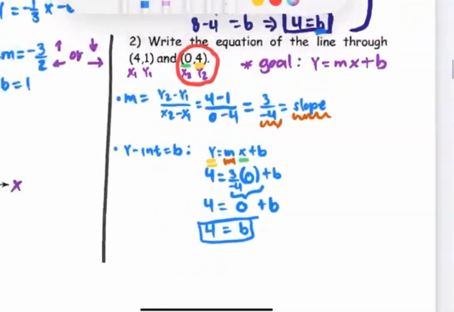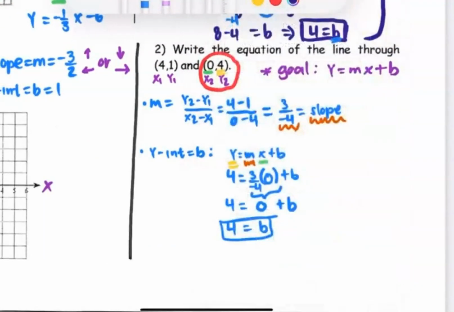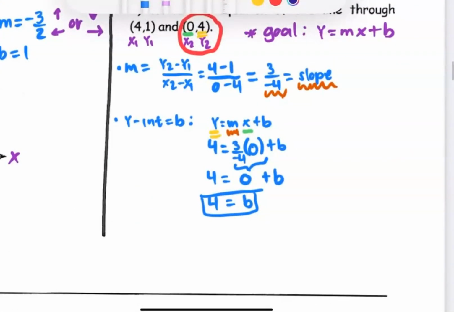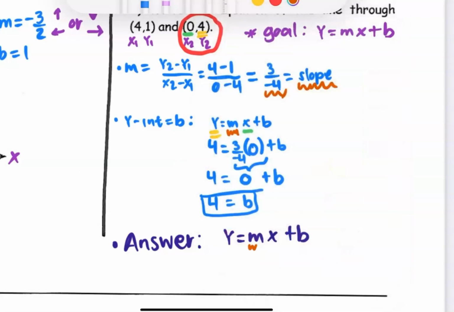So after I did all of that work, I am finally ready to plug in stuff into my equation. So I'm going to say answer: y is equal to mx plus b. Again, m was my slope, which is up here, and b, we just found b.